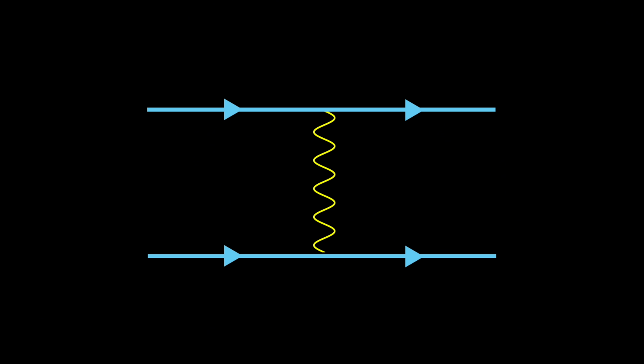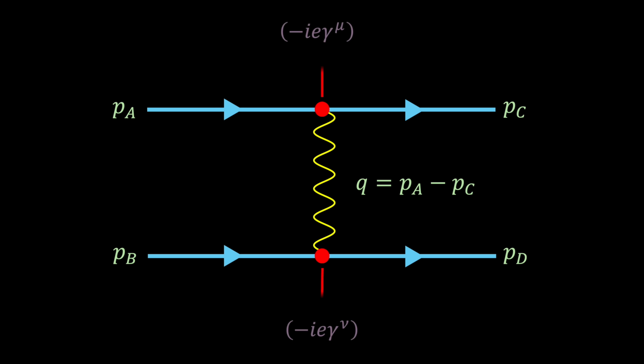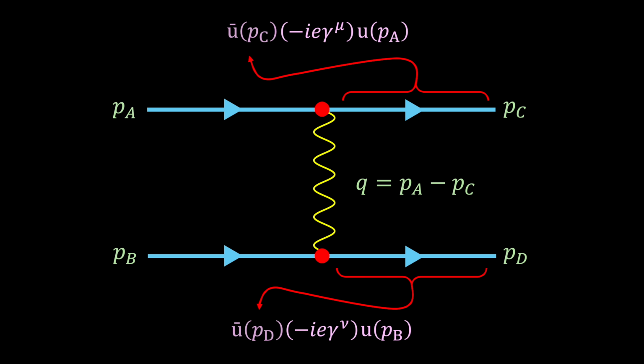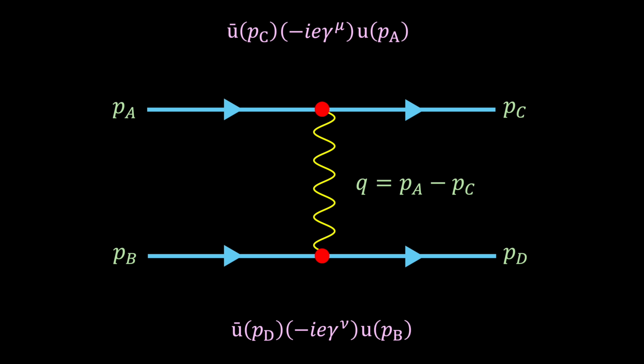We begin by assigning momentum values to the incoming and outgoing electrons, and to the virtual photon that is exchanged. According to quantum electrodynamics, each vertex contributes a factor proportional to the electron's electric charge, while the incoming electrons and the outgoing electrons are described by spinors that represent their quantum states.